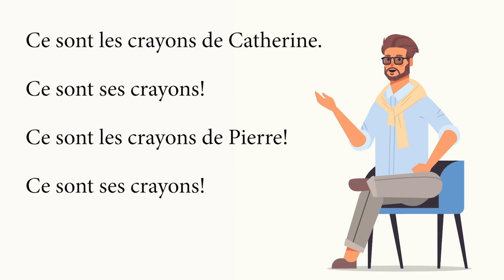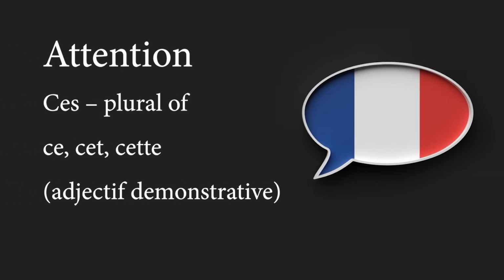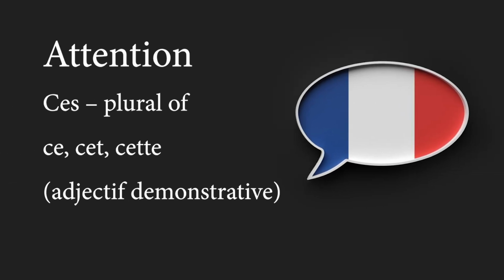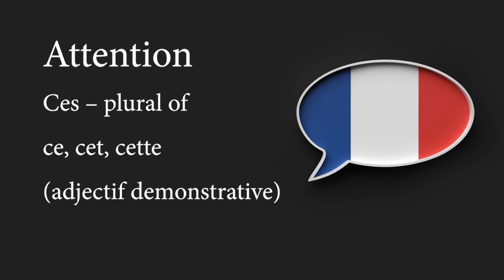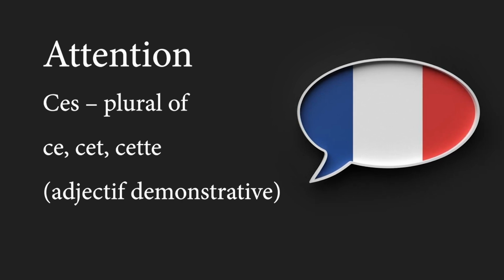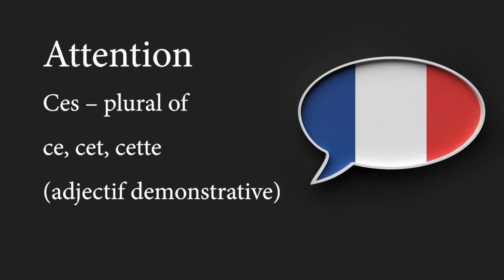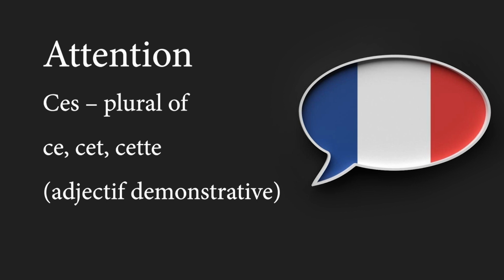Now you have to also pay attention to another aspect. Ces is the plural of ce, cet and cette. You remember in the previous lessons, which we did much earlier, we talked about ce, cet and cette.